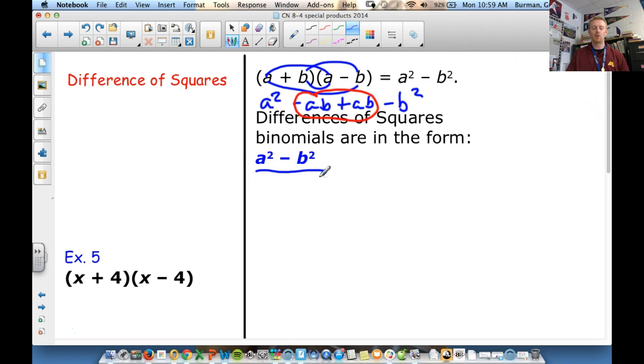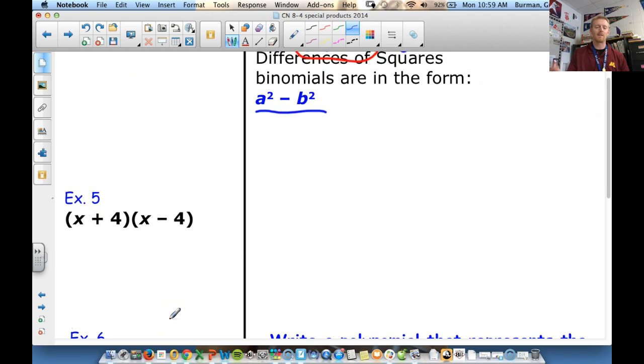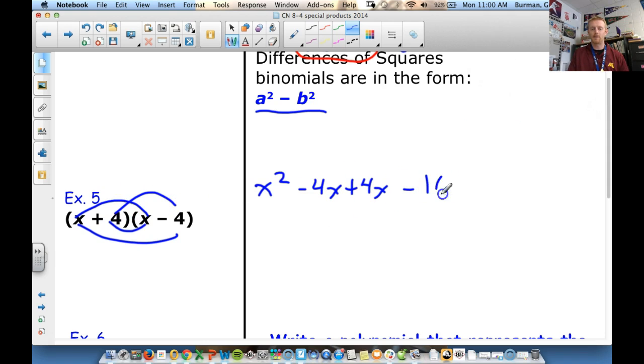So we can show all those steps for you on this next example, but you should be able to see then, folks, that when we multiply one with a positive and a negative b, we're going to be able to cancel out the middle term. So this just becomes an x squared minus 4x plus 4x and a minus 16.